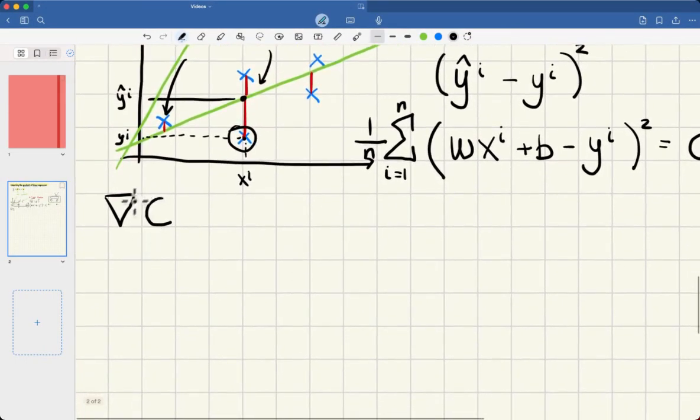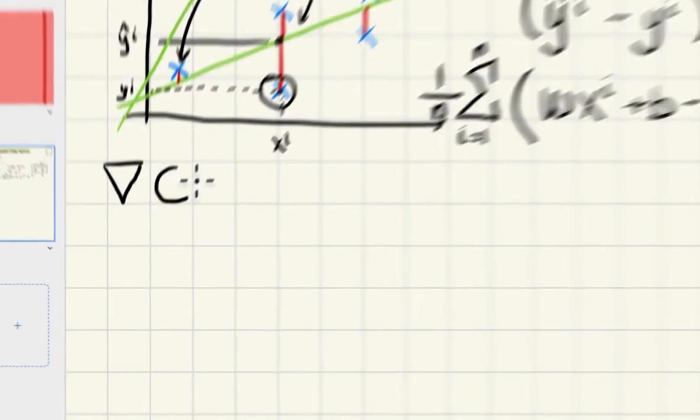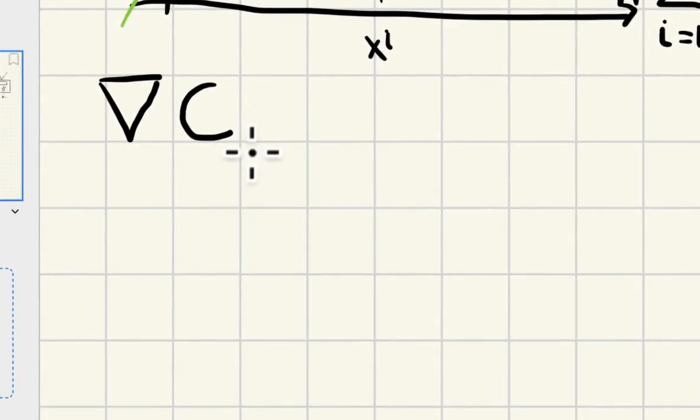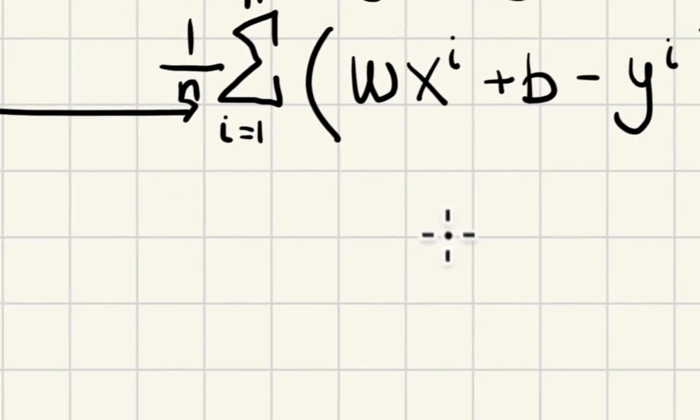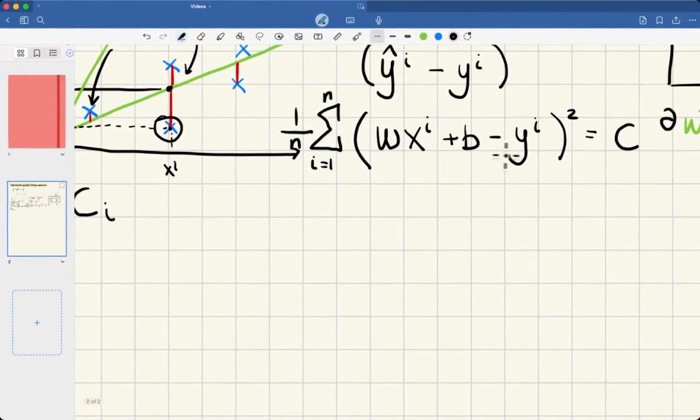So we're saying, for example, if we want the cost for a specific training example, then we want to focus on taking the partial derivative of all of this thing here.